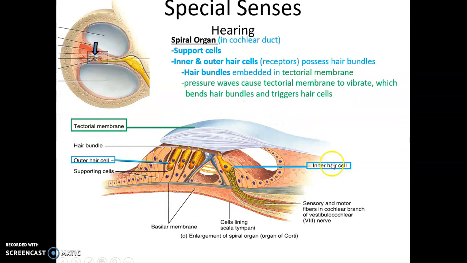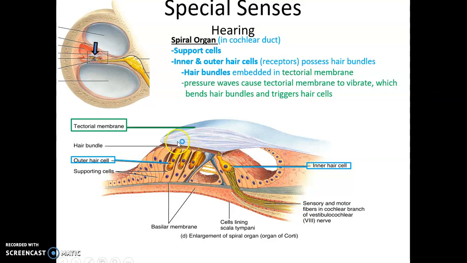So here is a close-up of the spiral organ. We see that it has a tectoral membrane, a cartilaginous structure. Then underneath that, you find a cellular structure with many epithelial cells that help to hold in place the hair cells being the receptors. So there are outer hair cells, inner hair cells.